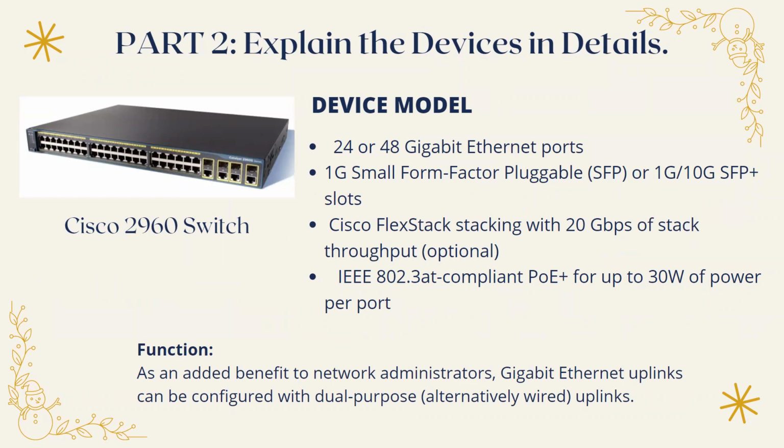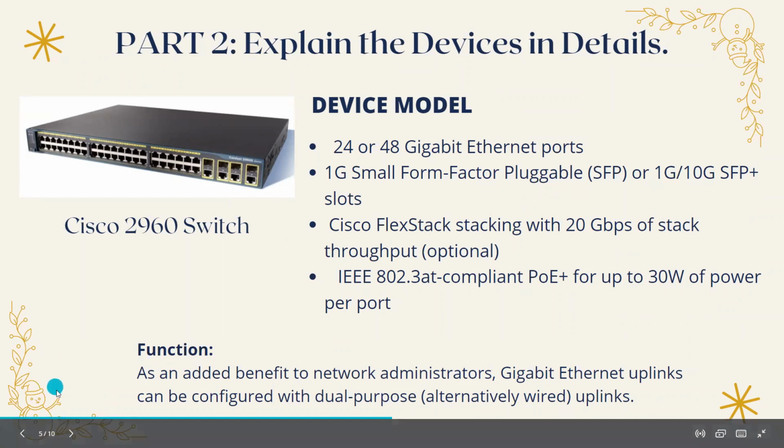And Cisco FlexStack with 20 Gbps of stack throughput optional, and IEEE 802.3 compliant PoE+ with up to 30 W of power per port. For the function, it is an added benefit to network administration. Gigabit Ethernet uplink can be configured with dual-purpose alternative wire uplinks.